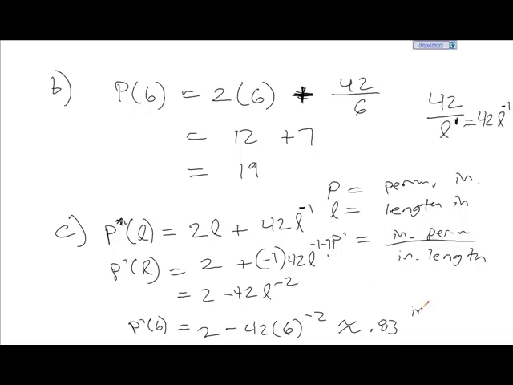Well, we know that this is inches in perimeter per inch of length. So this says that if I already have 6 inches in length, and I increase that by 1 more inch to 7, then that's only going to increase my overall perimeter by 0.83 inches.